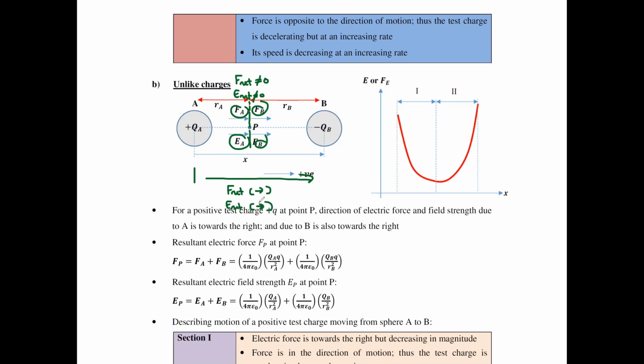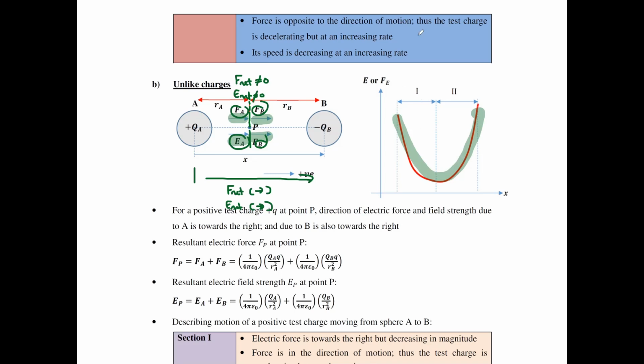There will never be a case where your net force or net field strength will suddenly change direction, because in the first place, you do not have any of them acting in the opposite direction. So there's no negative. You will never reach a 0. You will never get a negative. That's why this graph shape looks like this right now. You don't see it suddenly changing to negative. It will be continuously positive.